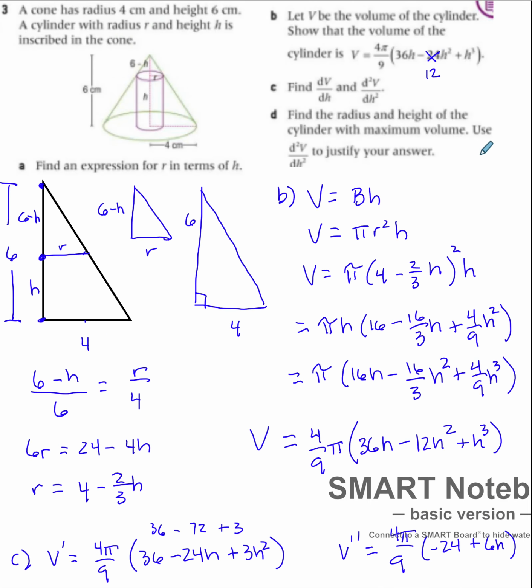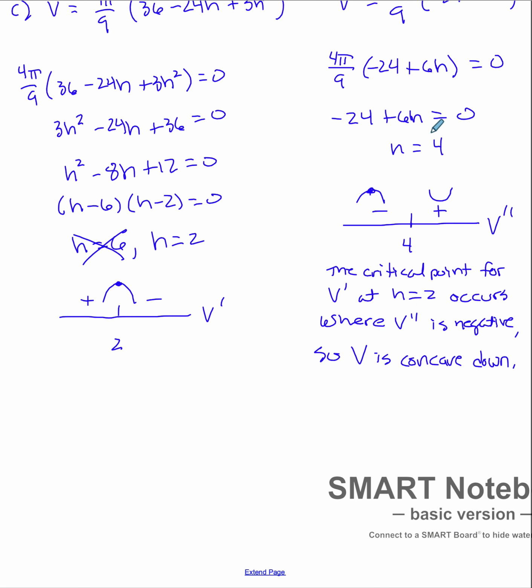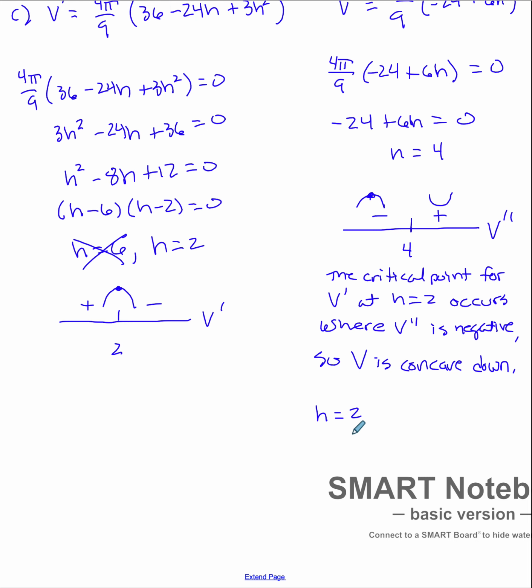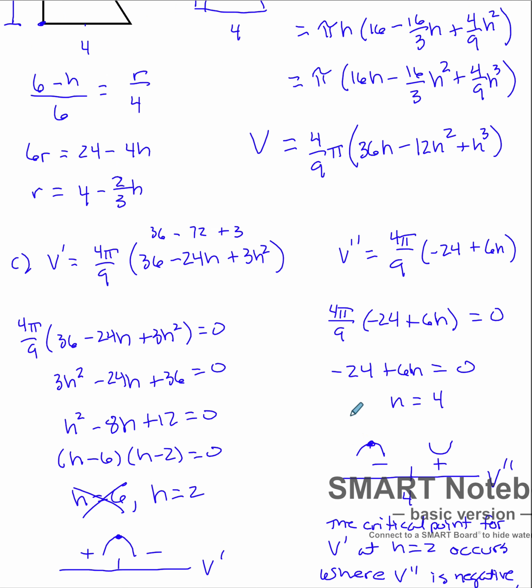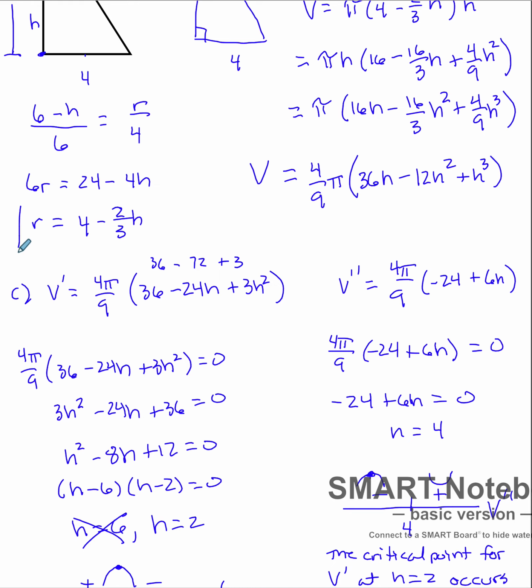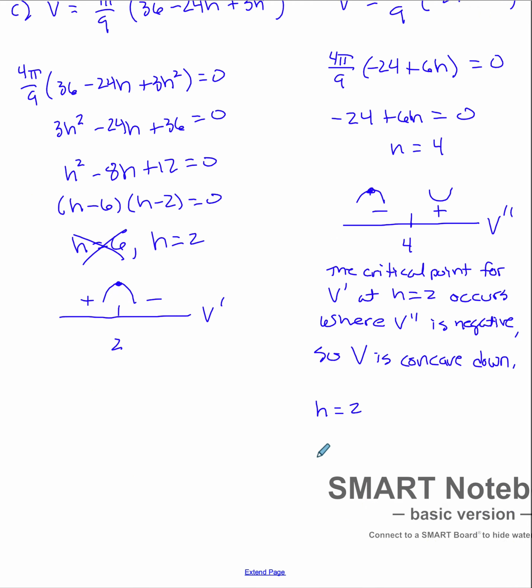I forgot to find the radius and the height. The height is equal to 2, and we already have ourselves a nice little formula for the radius right here, which is 4 minus 2/3 h. So we'll just plug that in. r is equal to 4 minus 2/3 the height, which is 2.